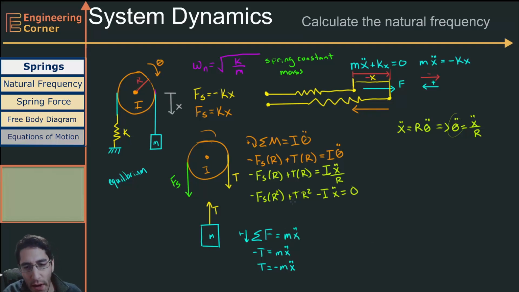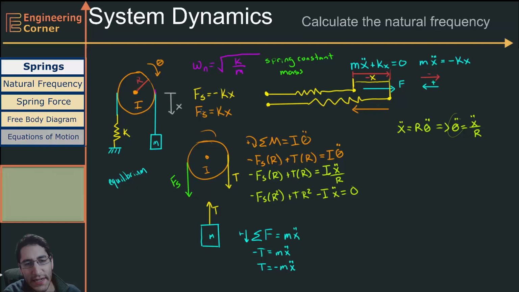And now I can also substitute my expression for Fs and my expression for T. For Fs, we want to use what we learned up here. I've assumed that it has a restoring force, so I can use either of these equations, and I'll show you right now that I get the same answer.